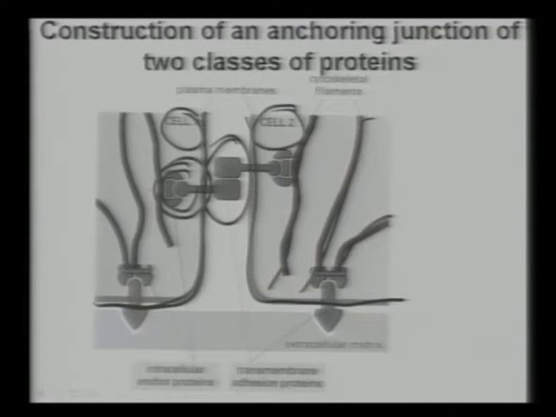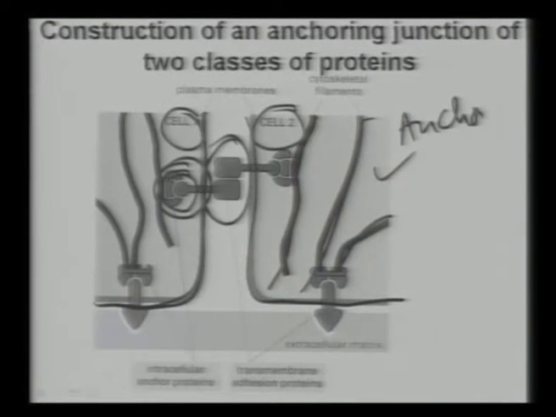Then you have the intracellular anchor proteins, which help in the anchoring process from one cell to another. So these cells are called anchorage dependent cells, and examples of anchorage dependent cells are fibroblast cell lines.